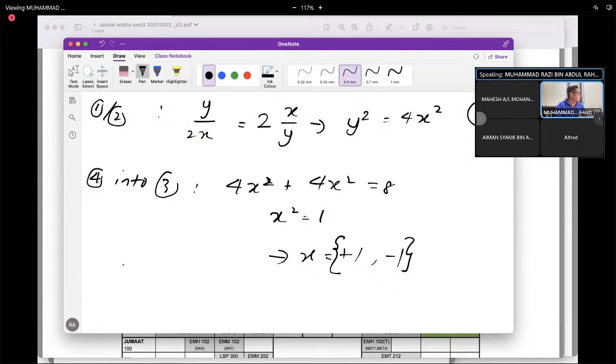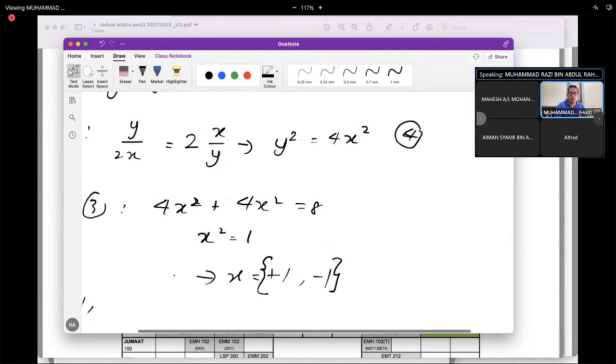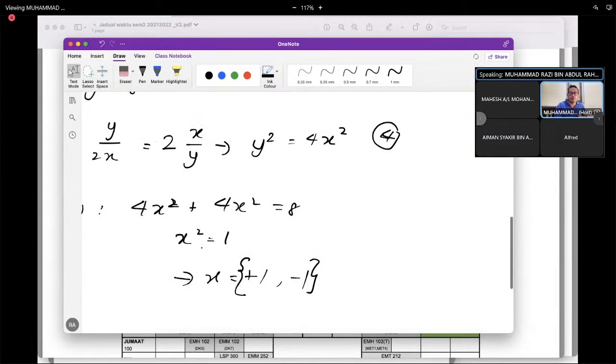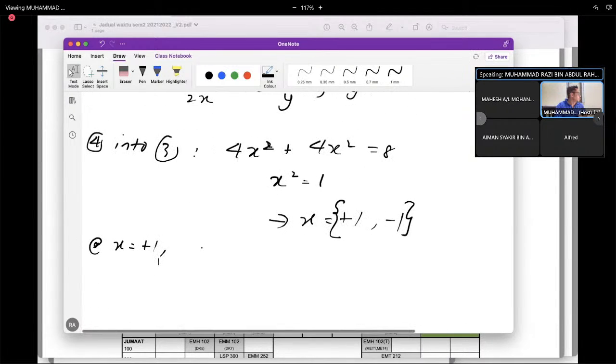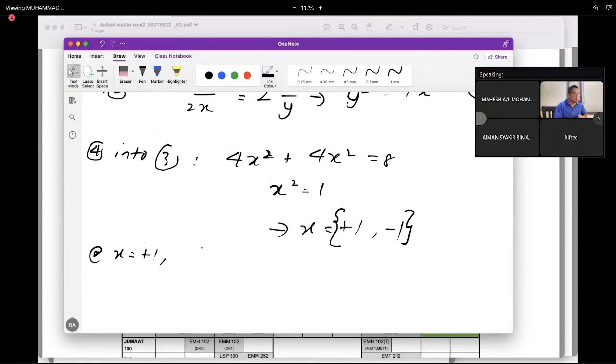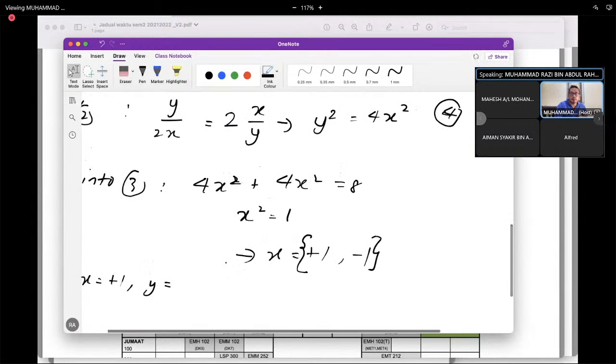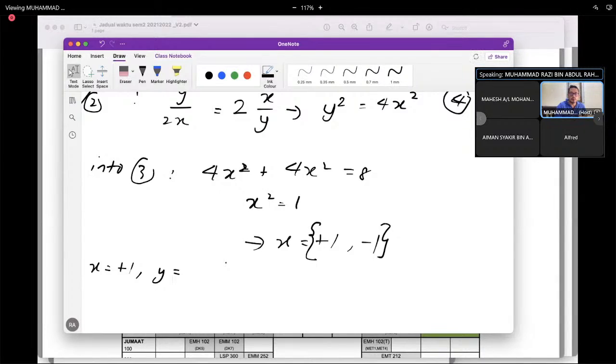Now, these are coordinates. At x equals plus 1, you can use any equation, so from equation 4, for example, let me write it so it's easier to see. y squared is 4.